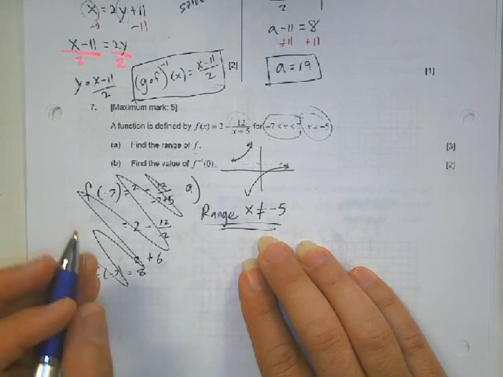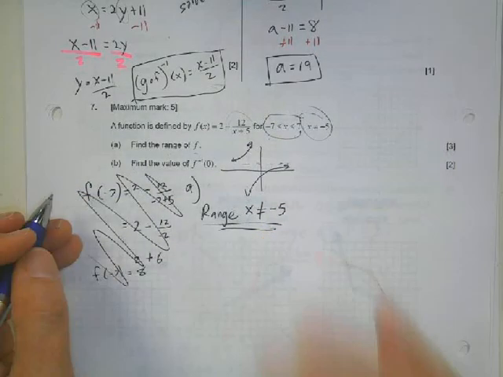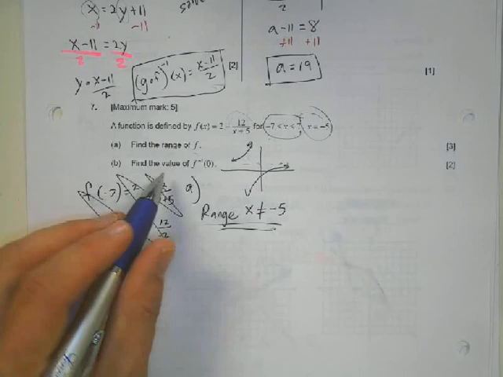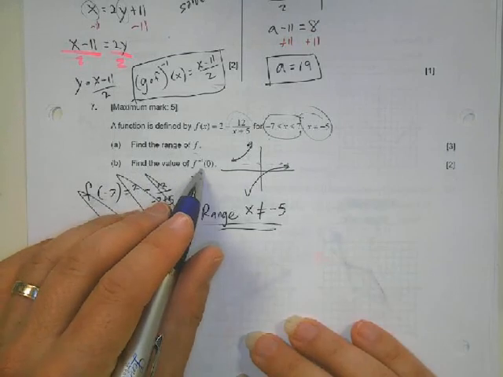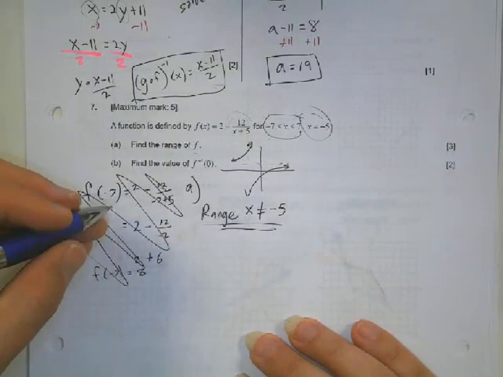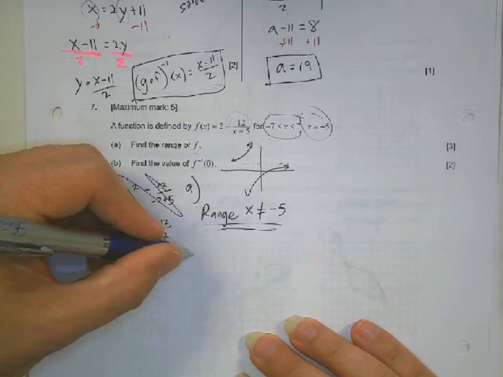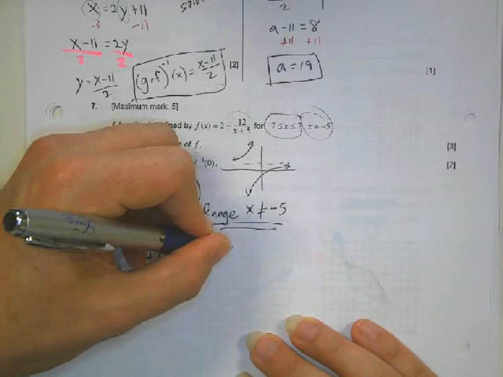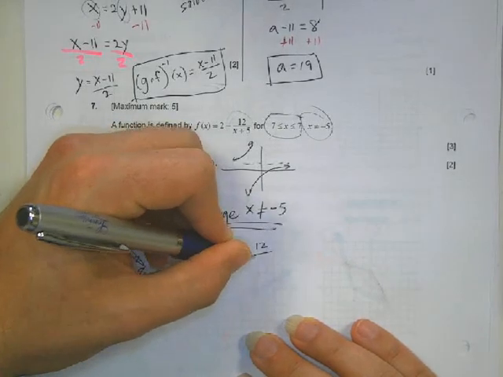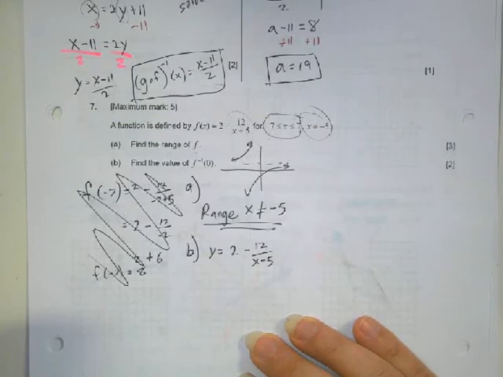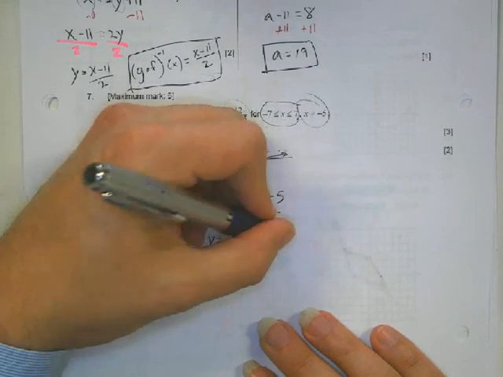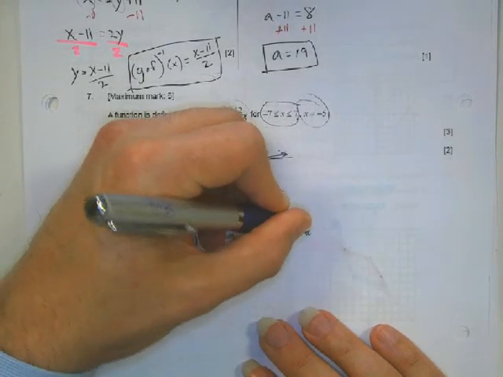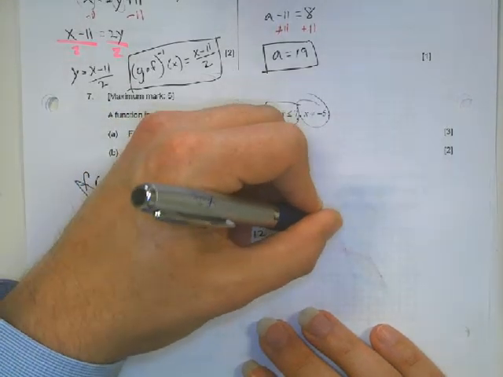Okay. Find the inverse function. So remember, if we have y equals 2 minus 12 over (x minus 5), the first thing we're going to do is switch x and y.